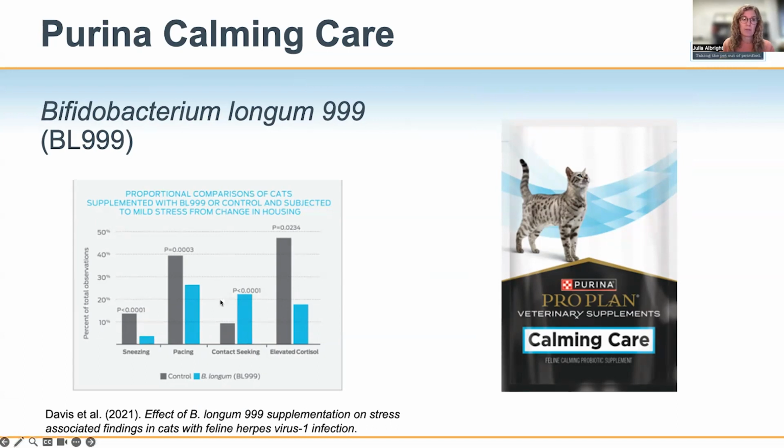So there was increased contact seeking with their caretakers, less pacing in their cages on Calming Care, less of an increase in cortisol, and then lower morbidity associated with their upper respiratory infection while on the Calming Care. So all very interesting.